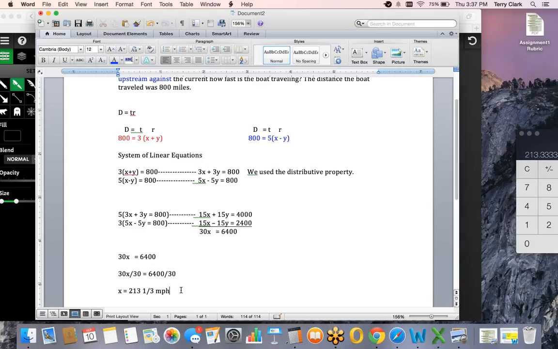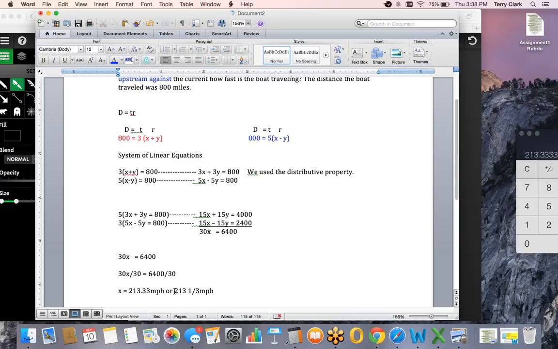So when we divided it, it actually gave us this, but I converted it to a fraction, 213 and 1/3 mph, because 0.3333 is 1/3. Okay. Now, fortunate for me, that's what we were looking for, the speed of the boat. Y is the speed of the current. That's why it's being added to the boat and subtracted from the boat.